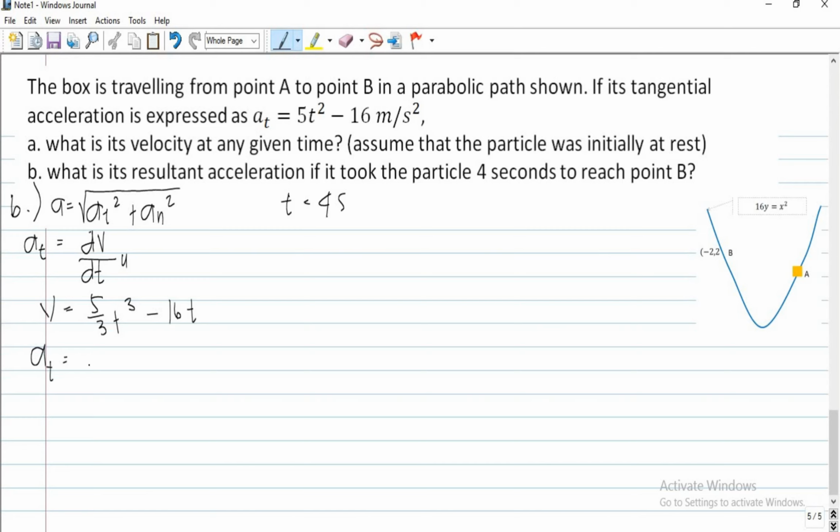That is simply equal to 5 over 3 of t squared minus 16.